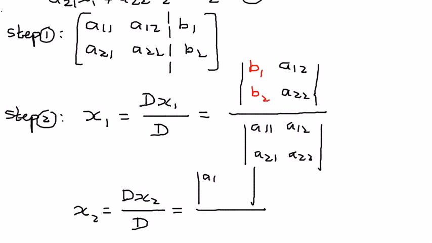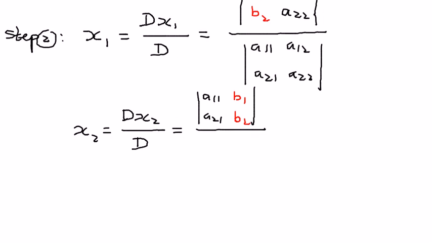The first column is a11, a21, and this time we're going to replace the second column by the constant terms, which are b1 and b2, and then the denominator is going to be the same. The denominator matrix determinant is going to be the same, which is a11, a12, a21, and a22, the determinant of the coefficient matrix.